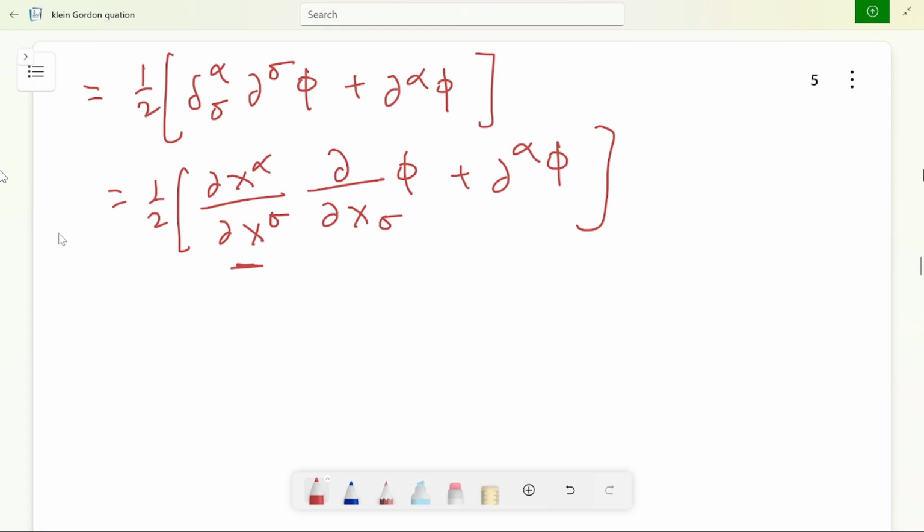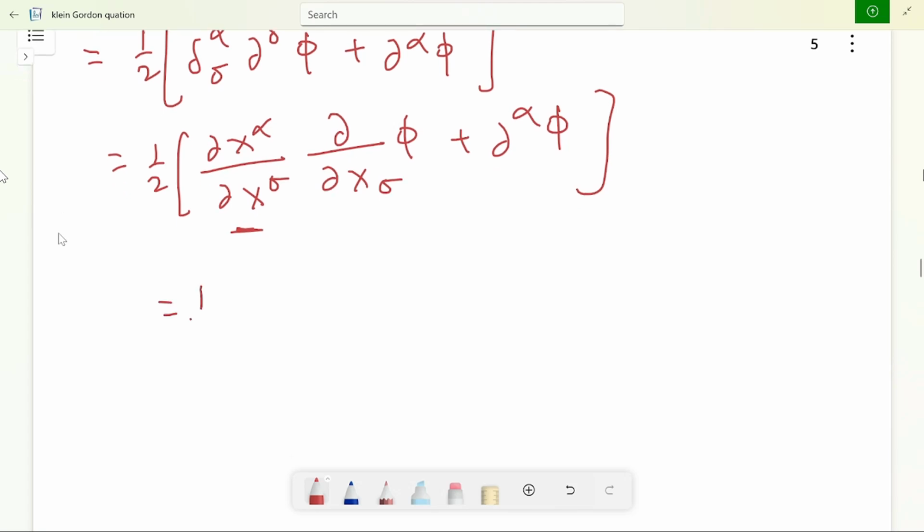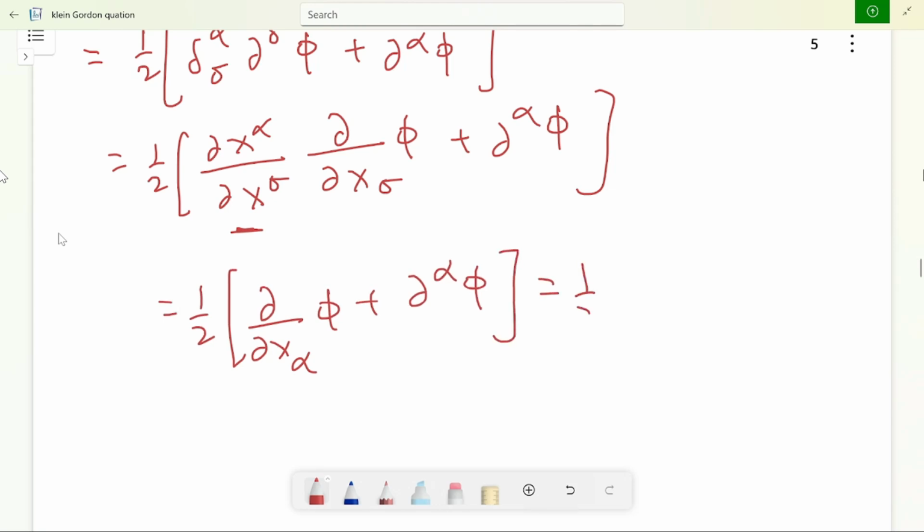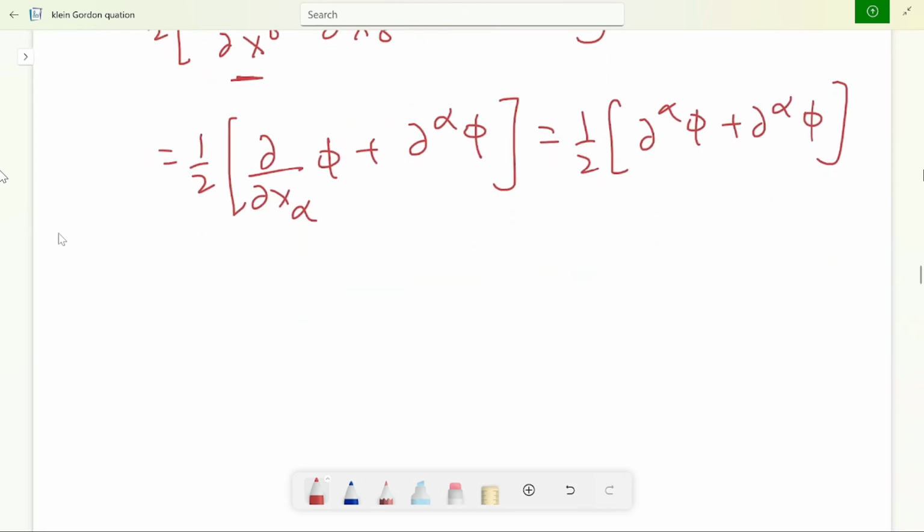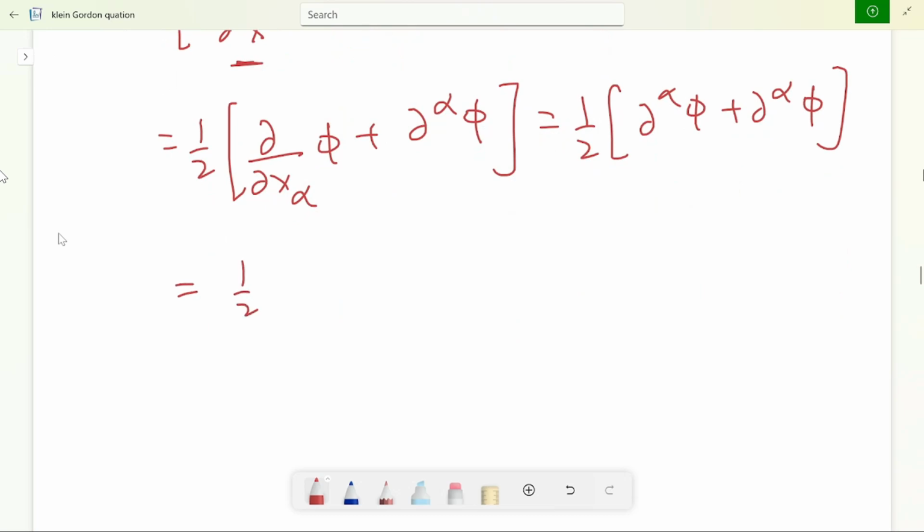So all we have to do is change all the sigmas to alpha, right? So the equation takes this form, which is equal to half times d alpha phi plus d alpha phi, which is half times 2 d alpha phi, and it just becomes d alpha phi.